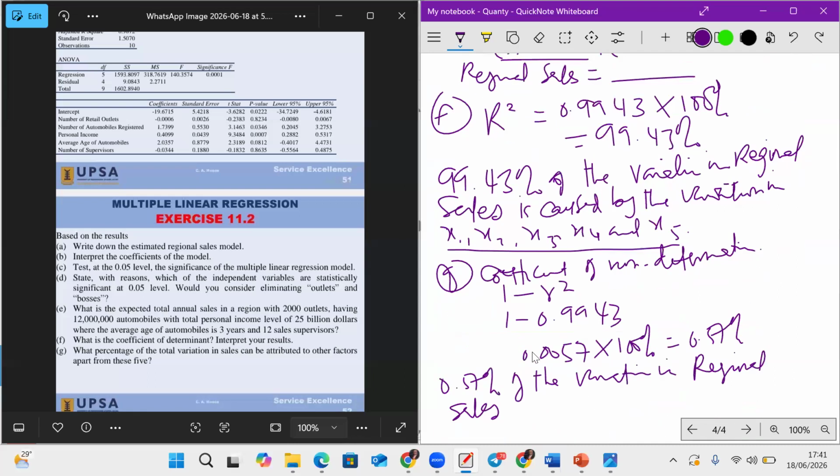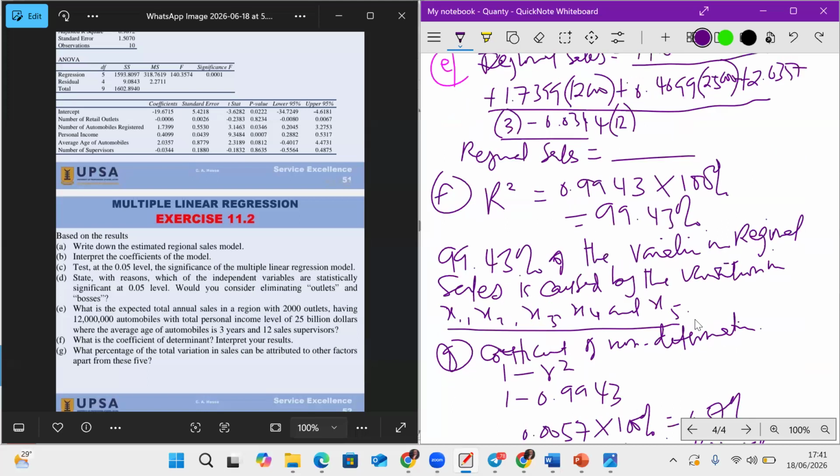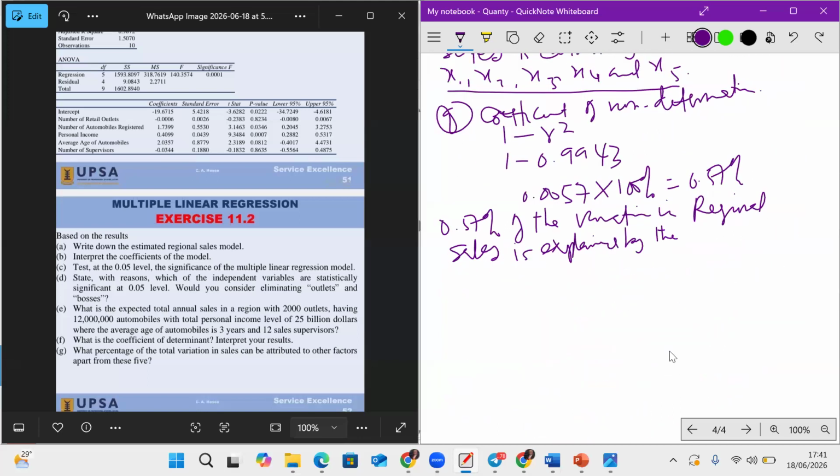We can say is caused by, or we can say is explained by other factors, apart from X1, X2, X3, X4, and what? X5. Do you get it?